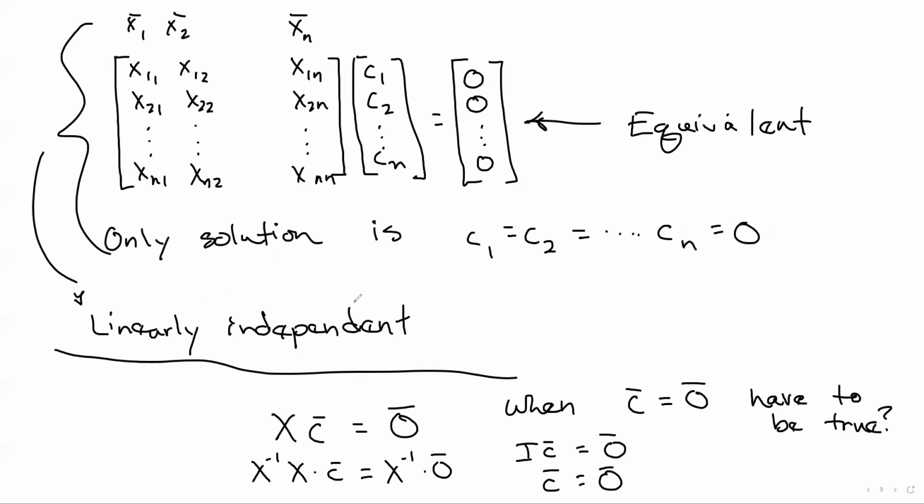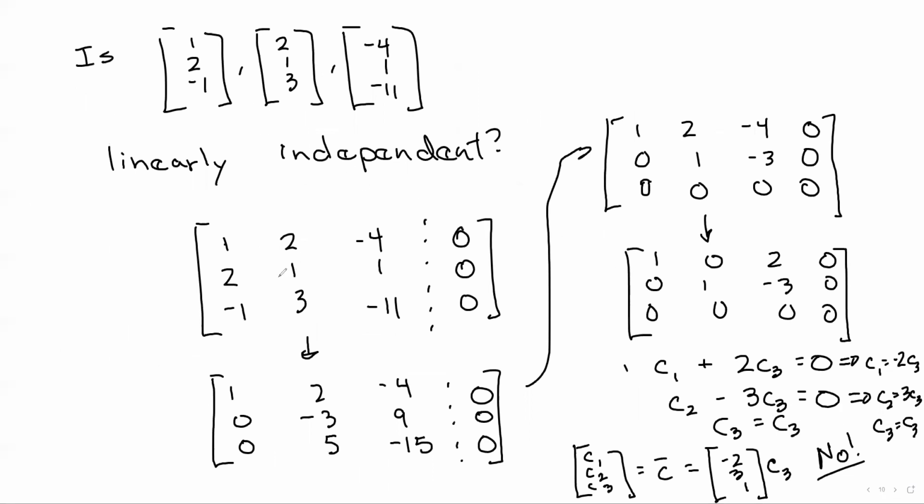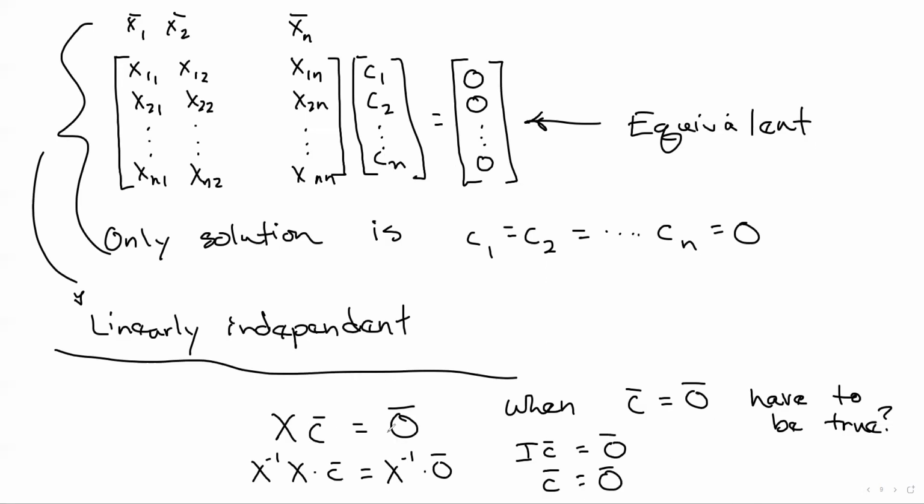So instead of creating this augmented matrix with zeros and doing all these steps, what we could do instead is ask ourselves: is x, no line over it, the matrix that we would create from the vectors, invertible?